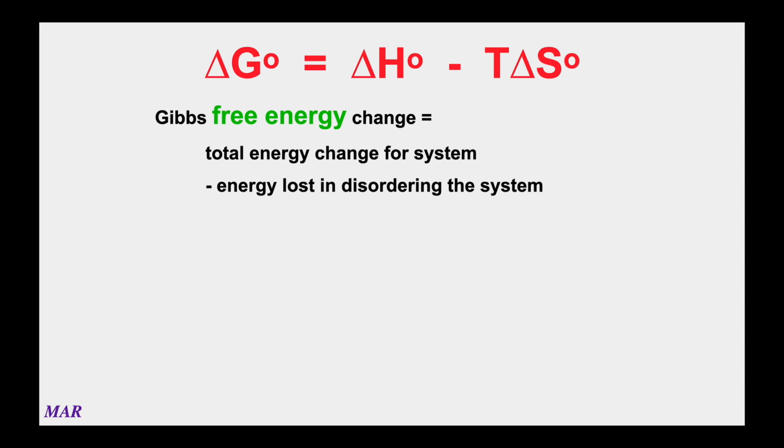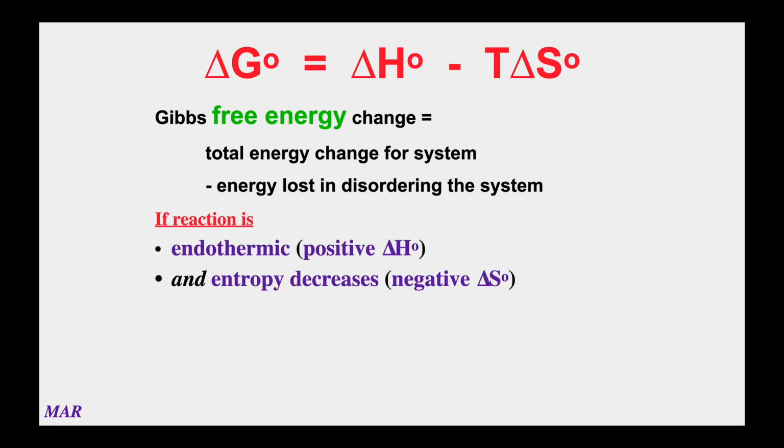But we don't always have that because sometimes you'll have, for example, an endothermic enthalpy, which would be a positive delta H, and you'll also have a decrease in the entropy, a negative delta S. We've seen a couple of those. Well, if delta H is positive and delta S is negative, negative times negative makes it positive.